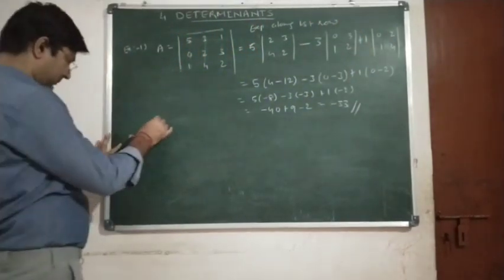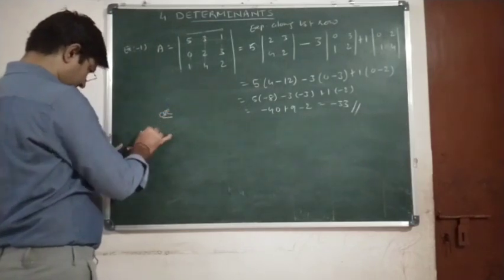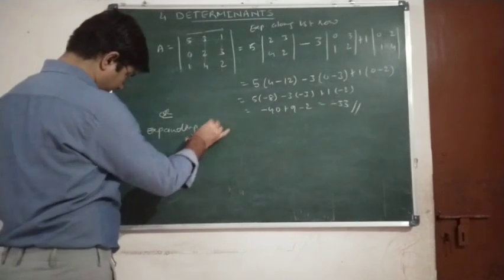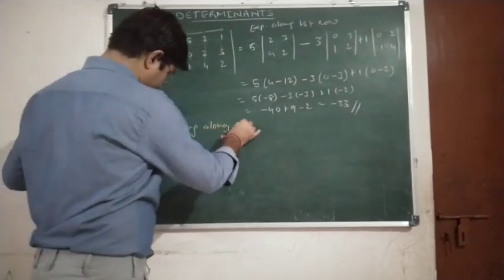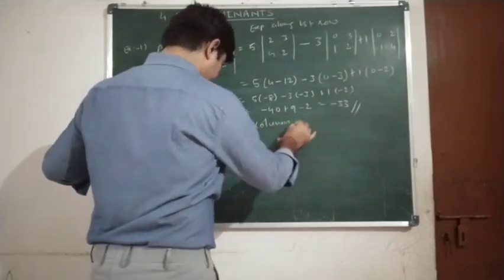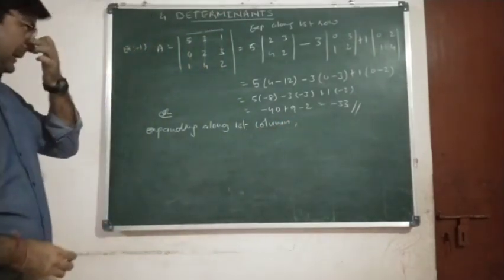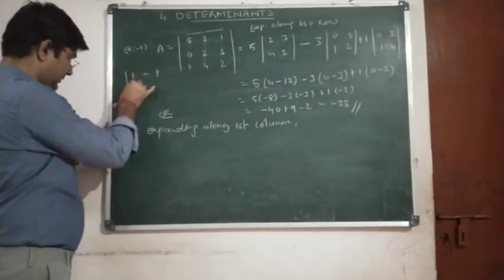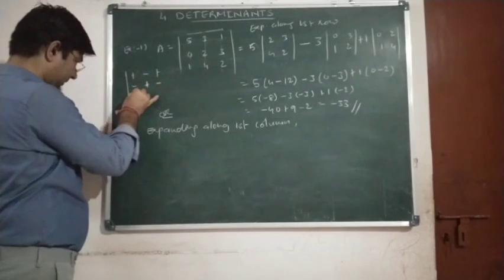Now let us expand along the first column. Now we will take the elements of the first column, and you must remember the sign convention: plus, minus, plus.